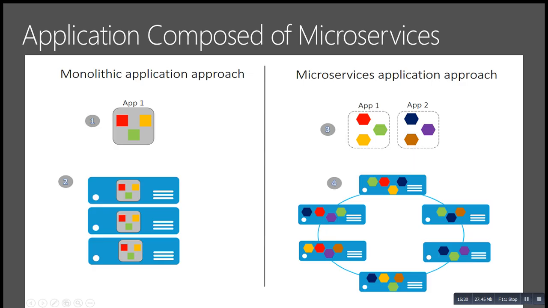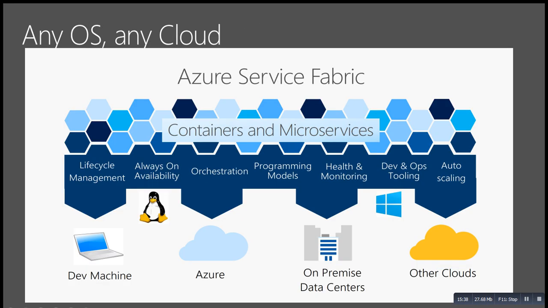Let's move on. Any OS and any cloud. This is one of the best features of Service Fabric: we can deploy it with any OS and any cloud. For example, if I want to explore or manage it on my dev machine, I can install it on my laptop or development machine and utilize it, whether it is Mac or Windows, it doesn't matter, or Linux.